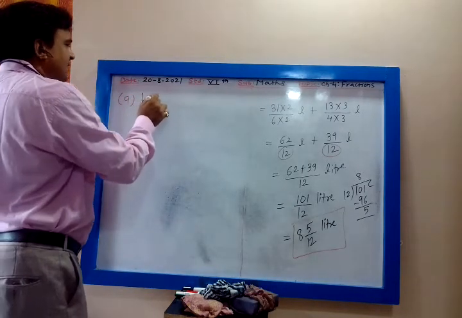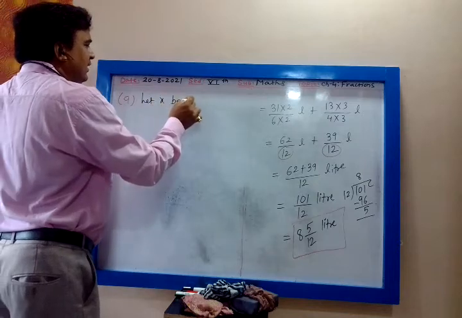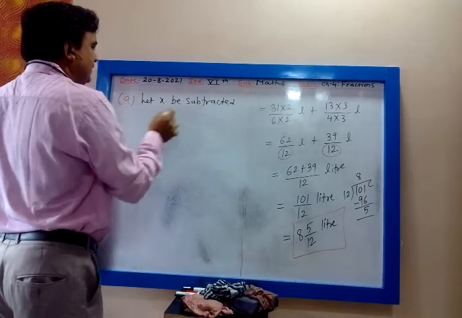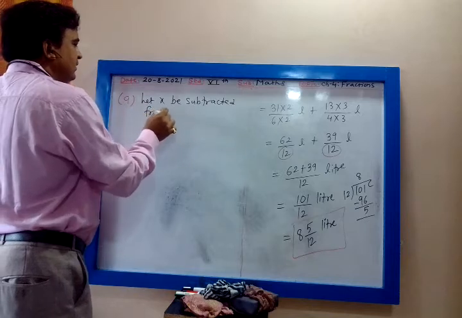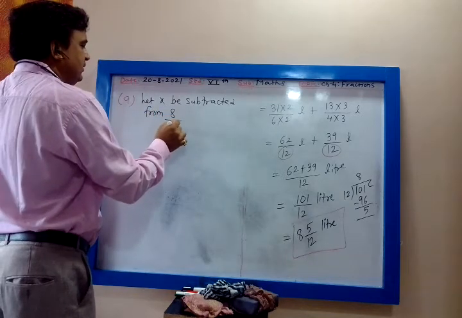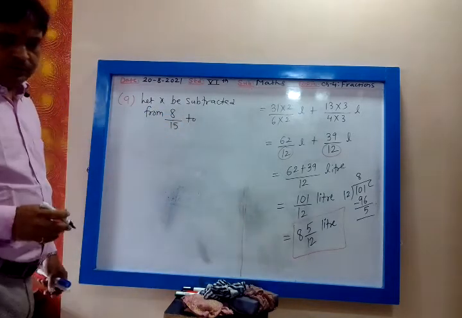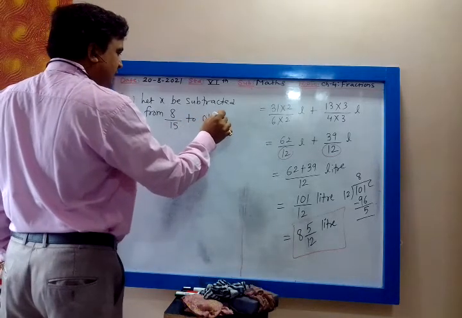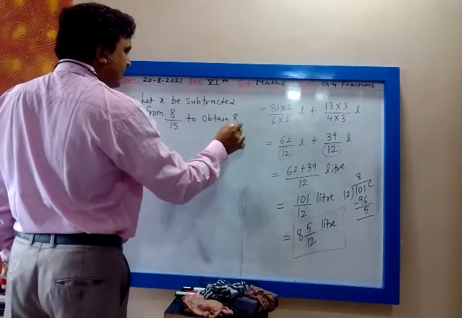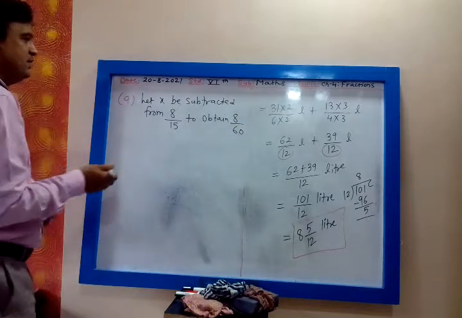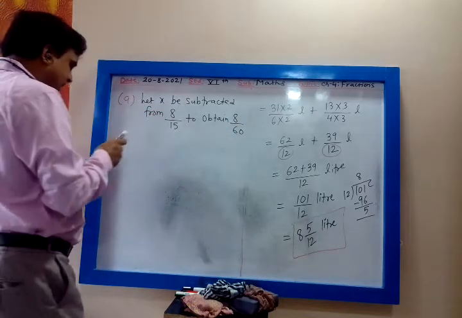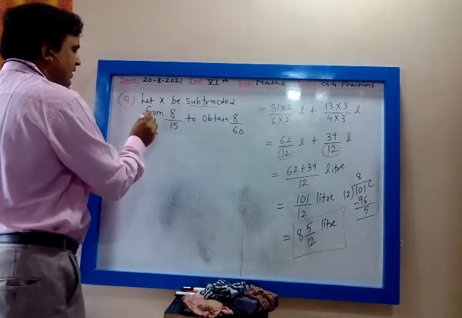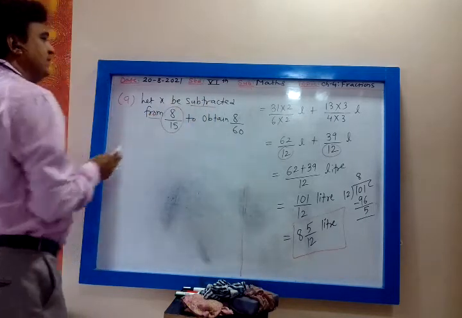So you will write: let x be subtracted. Let x be subtracted from 8/15 to obtain 8/60. So let us write the equation. Whenever it is subtraction, whichever number is after "from", that we write first.